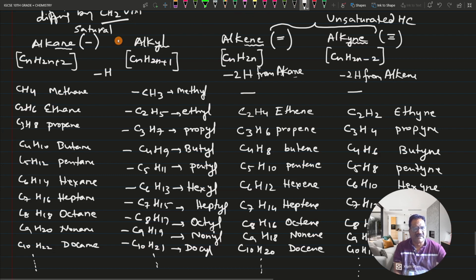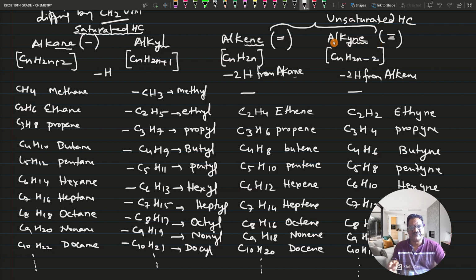Saturated hydrocarbon. These alkanes are known as saturated hydrocarbons because they are made up of only single bonds, and the unsaturated hydrocarbons consist of alkenes and alkynes, that is double bond and triple bond.